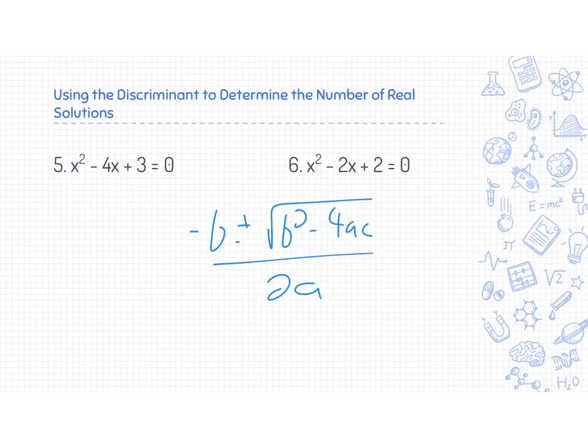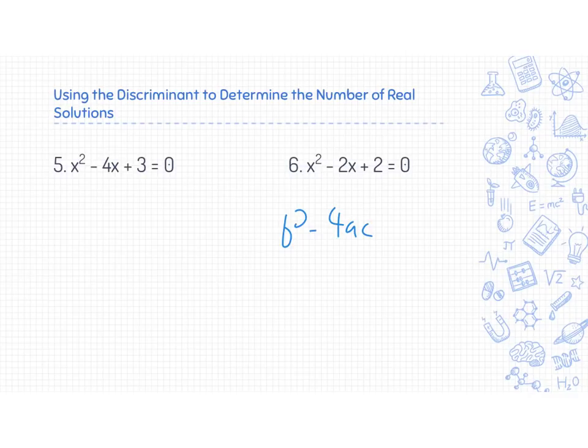Well, our discriminant is what is under our radical. So just that b squared minus 4ac. So we can use that to determine how many real solutions we're going to get.